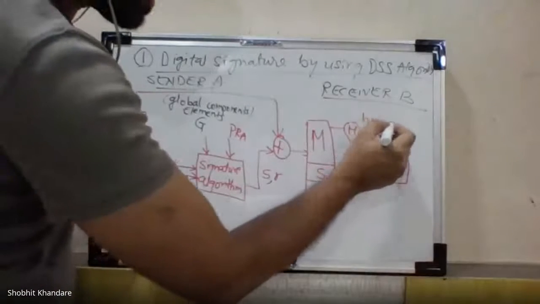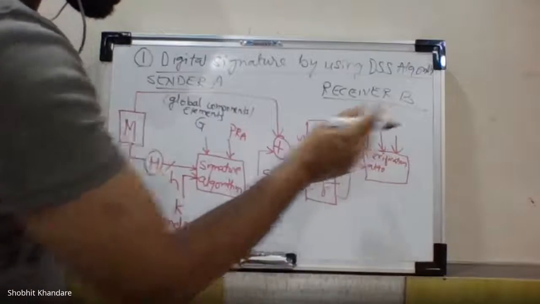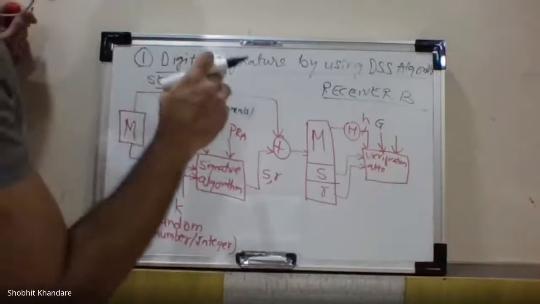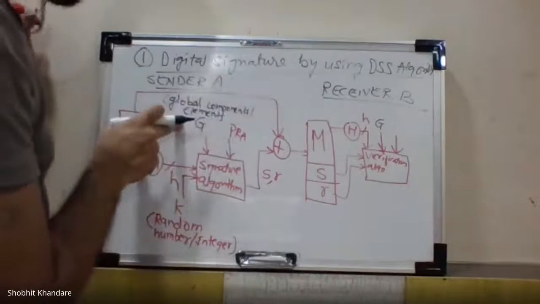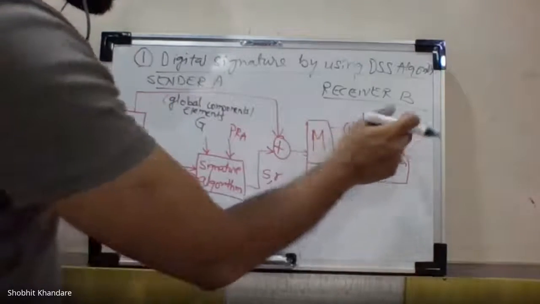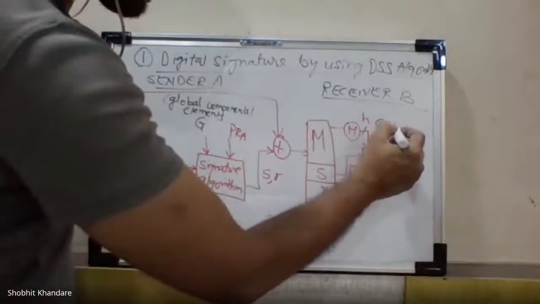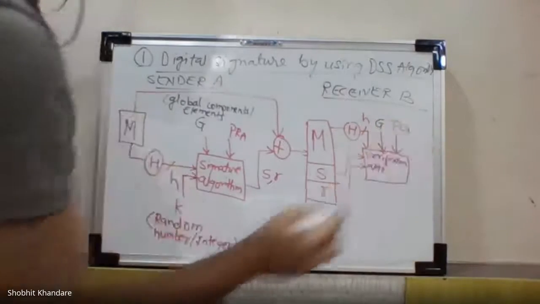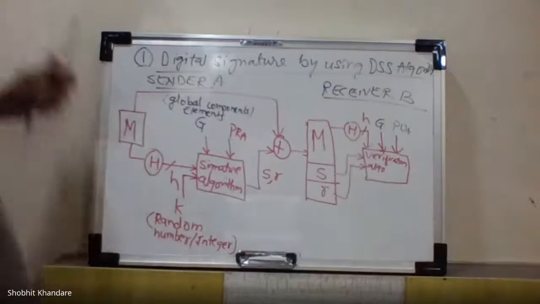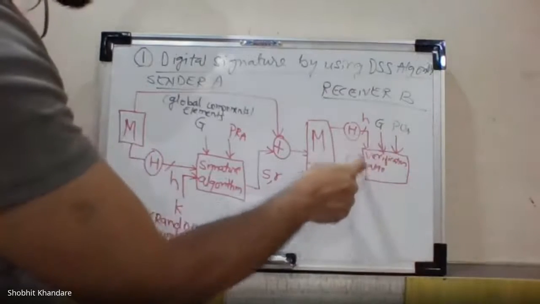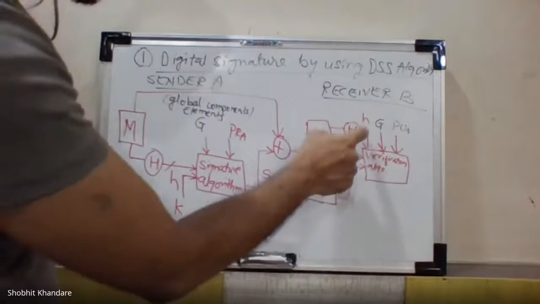One is capital G, that is the global component or global public key element, given by capital G. And the other one, as we used PRA here, we are using PUA here. So the verification algorithm takes these as input: s, r, h, G, PUA.